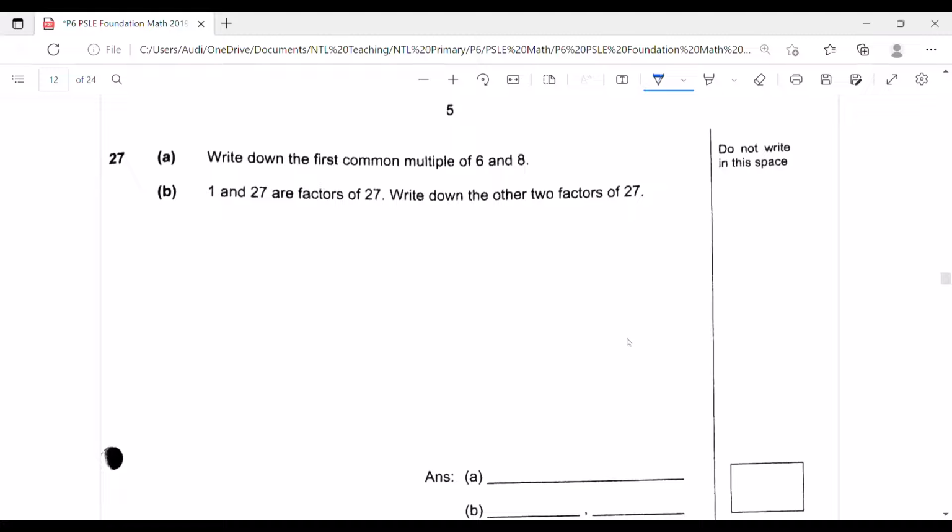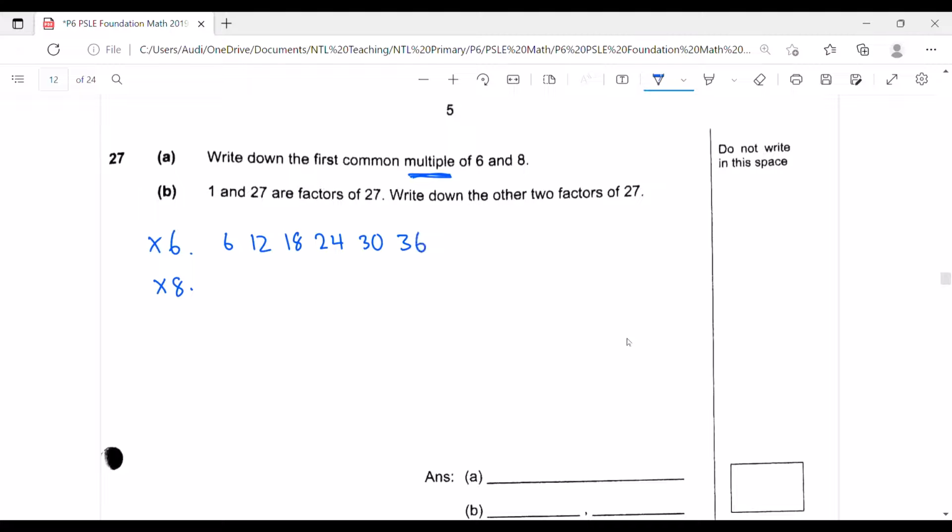Write down the first common multiple of 6 and 8. When we see the word multiple, it means multiplication table. So we will write out our multiplication table. Which multiplication table? It's times 6 and times 8. So let's write it out. 6, 12, 18, 24, 30, 36.